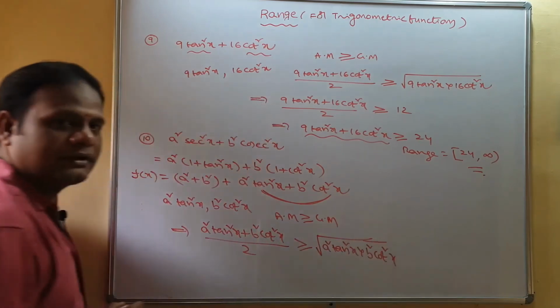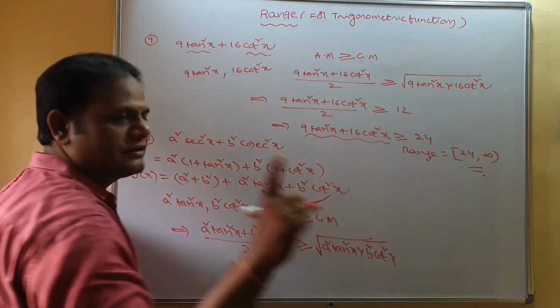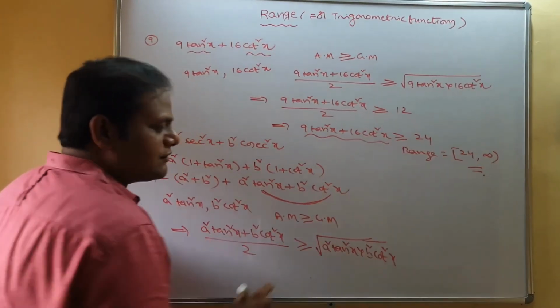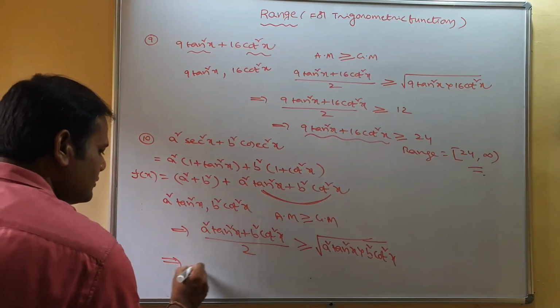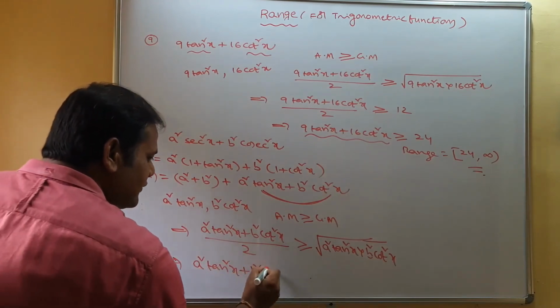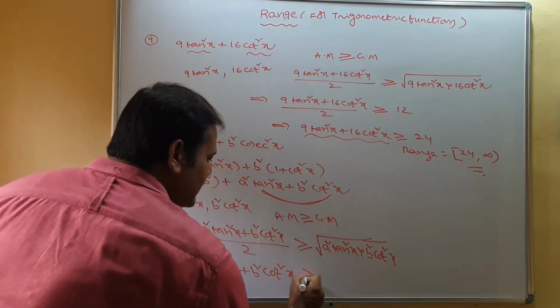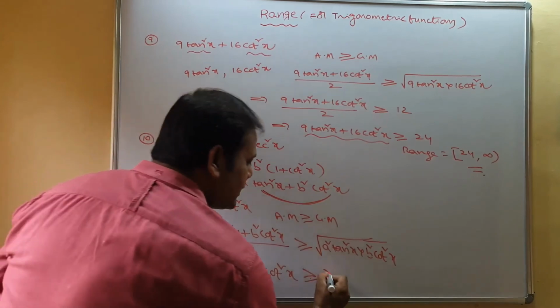Now you see that tan x into cot x is 1, and root of a square into b square is ab. So a square tan square x plus b square cot square x is greater than or equal to ab multiplied with 2, that is 2ab.